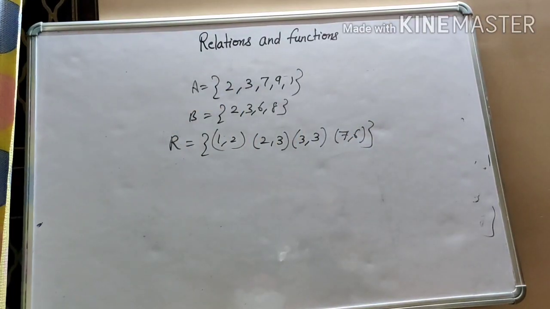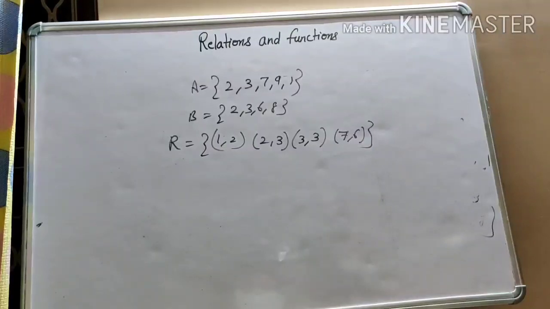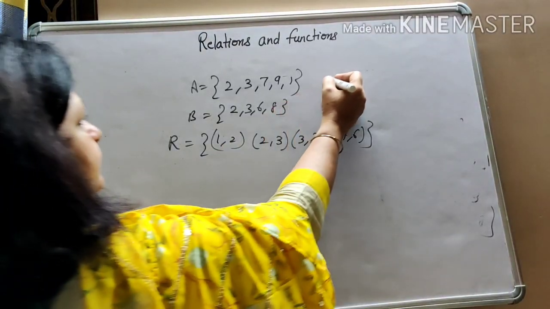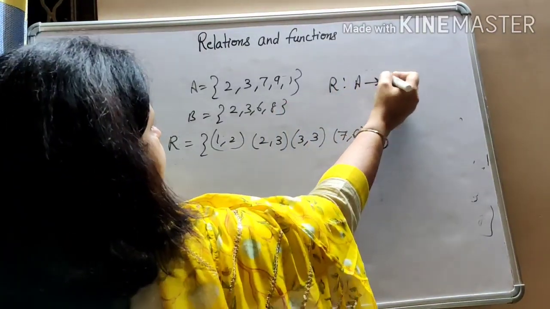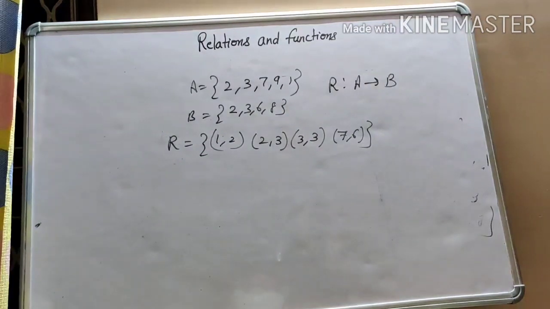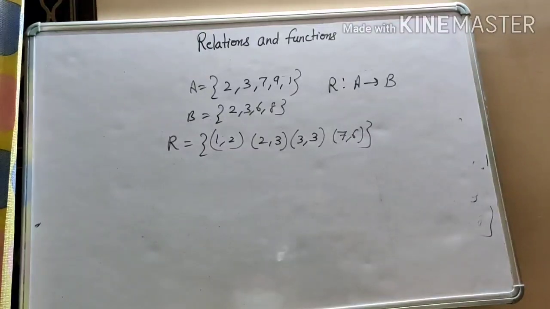Now, what is the domain, range, and codomain? And relation is from set A to set B. Now what is domain, codomain, and range of this relation?